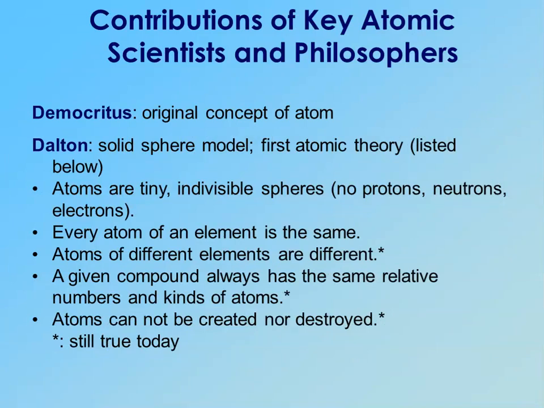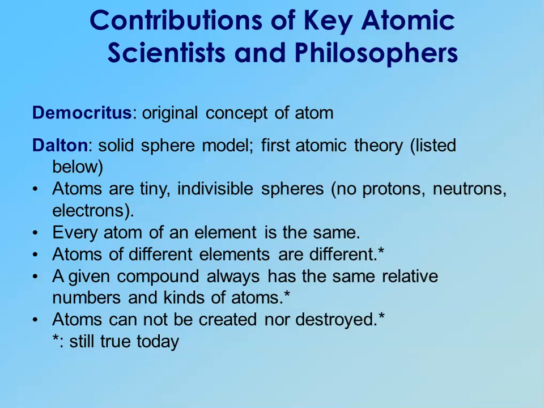So just some highlights. Democritus actually was a Greek philosopher who first came up with the idea of the atom, but Aristotle stomped all over it and pushed it away for over 5 centuries. I told you how Dalton brought it back. One thing I think is really neat about Dalton, he was the first scientist to actually describe what he thought was happening with the atom, the first atomic theory.